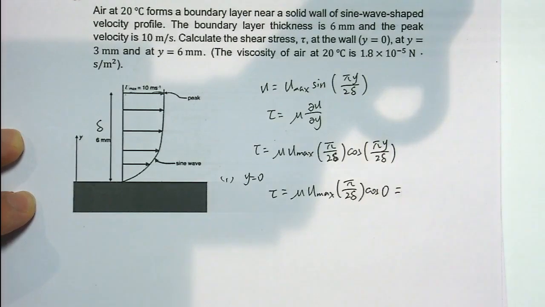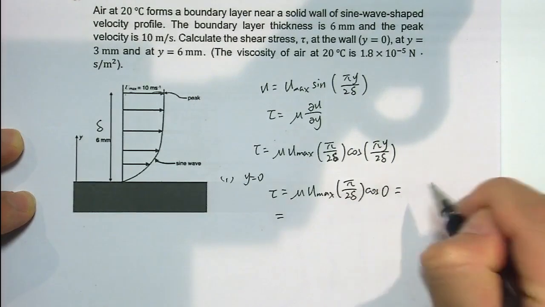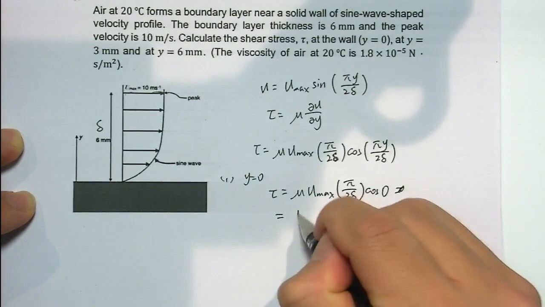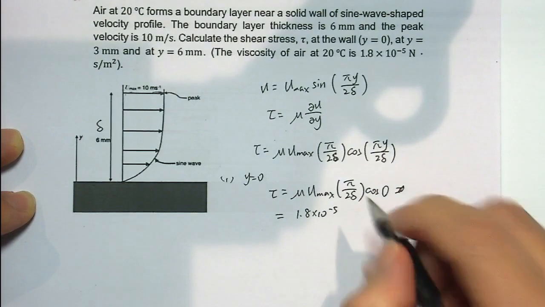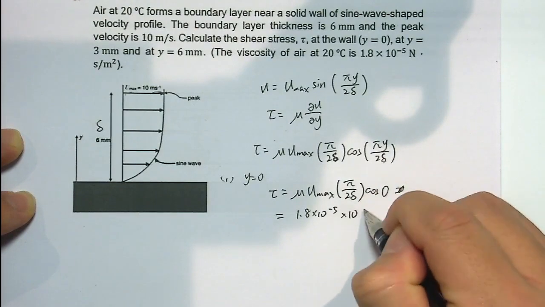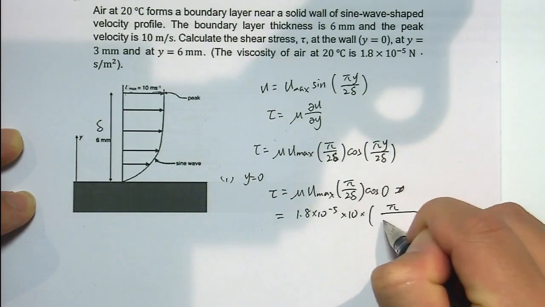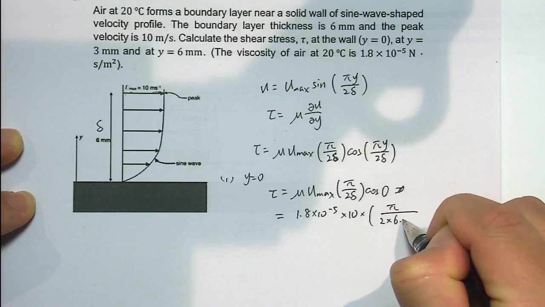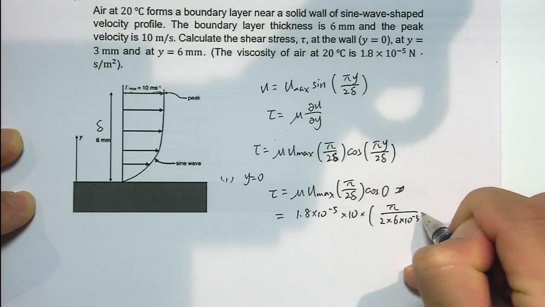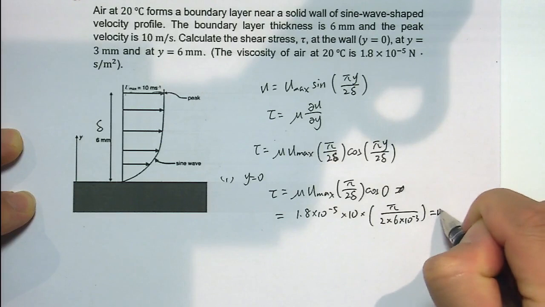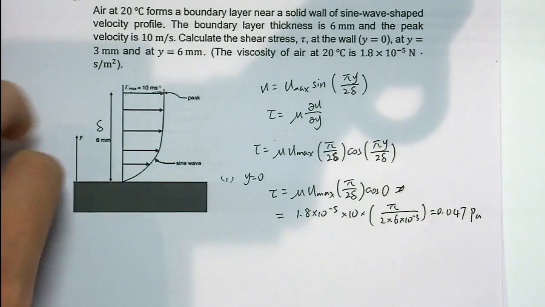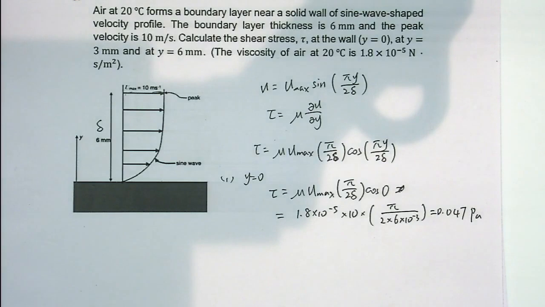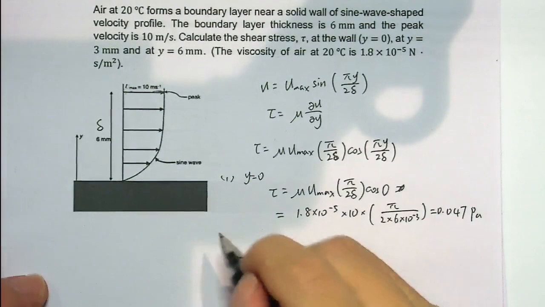We finally got 1.8 multiplied, which is the viscosity, multiplied by 10, multiplied by pi over 2, which is 0.047 Pascal. So first we got the shear stress at y equal to 0.